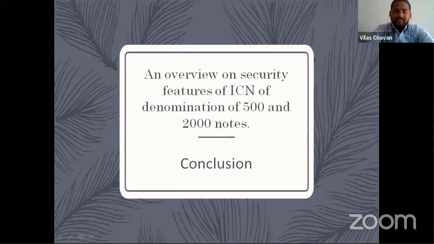Moreover, the features of the new 500 and 2000 rupee notes discussed here can serve as a base for future studies and examination of fake Indian currency notes by forensic examiners. Examination of some features like OVI print and geometric pattern can help a common man to differentiate between a high quality fake Indian currency note and an original 500 and 2000 rupee banknote.